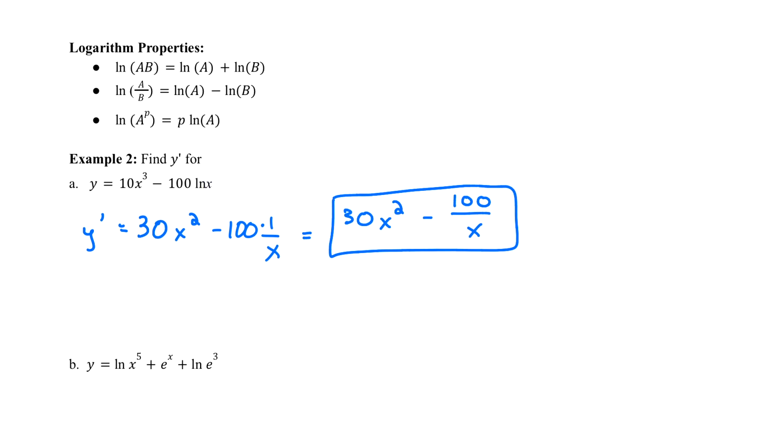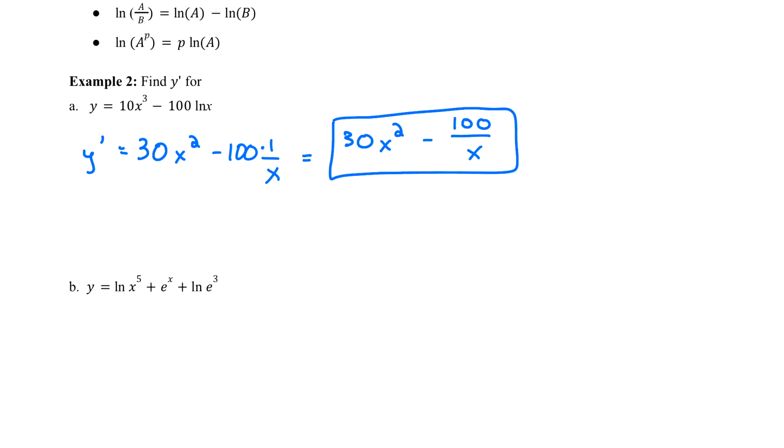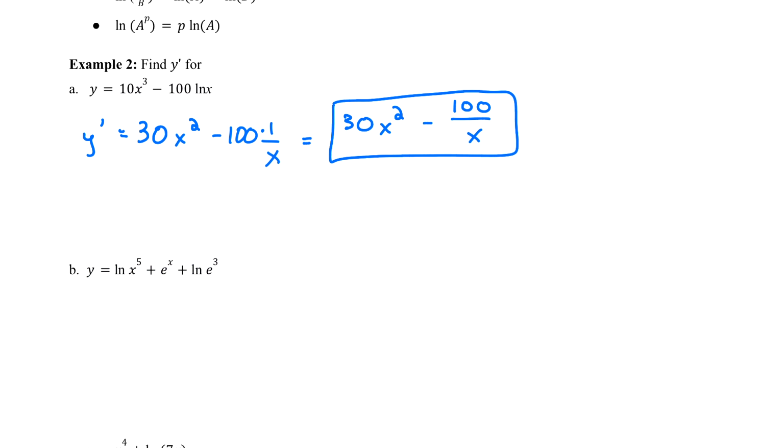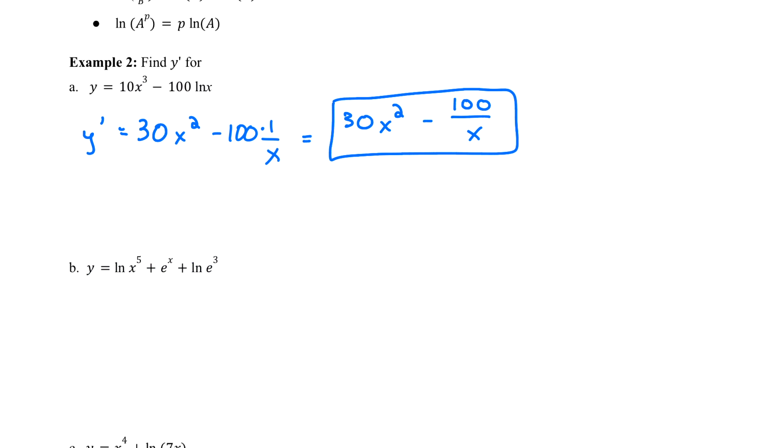My next example, though, is y equals natural log of x to the fifth plus e to the x plus natural log of e to the third power. Before I can find my derivative, this x to the fifth power is going to cause me a problem because I have it inside of my natural log function.